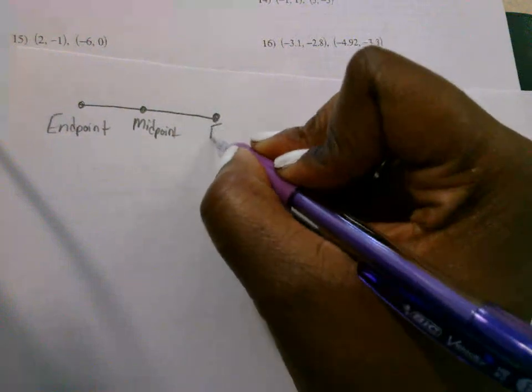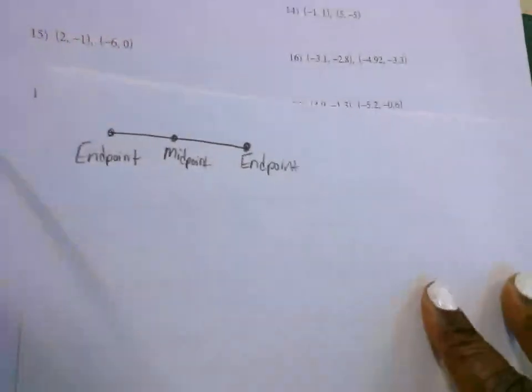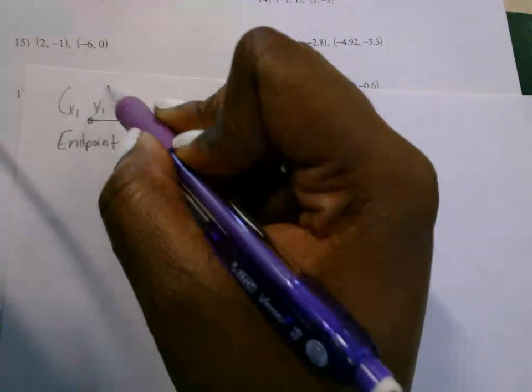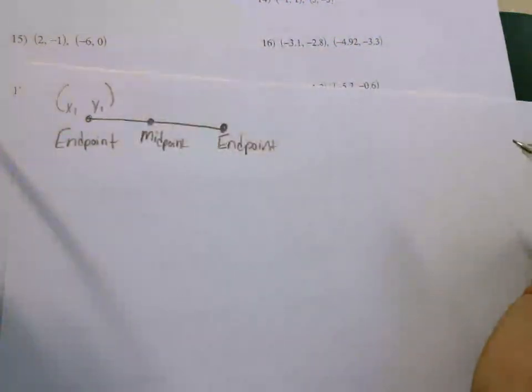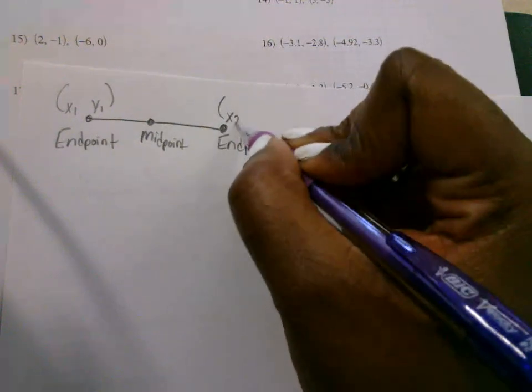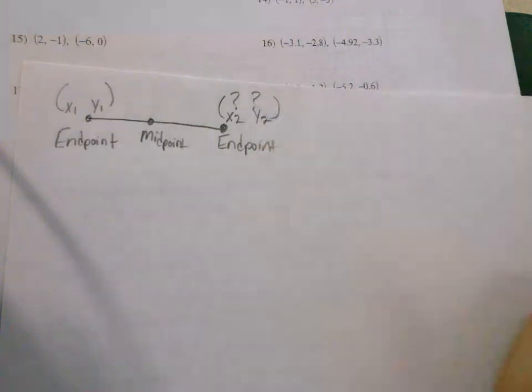And they're going to ask you to find the other endpoint. So the information is given. It's going to be your x1, y1. They're going to give you one of the endpoints. But the second endpoint is going to be missing, x2, y2.